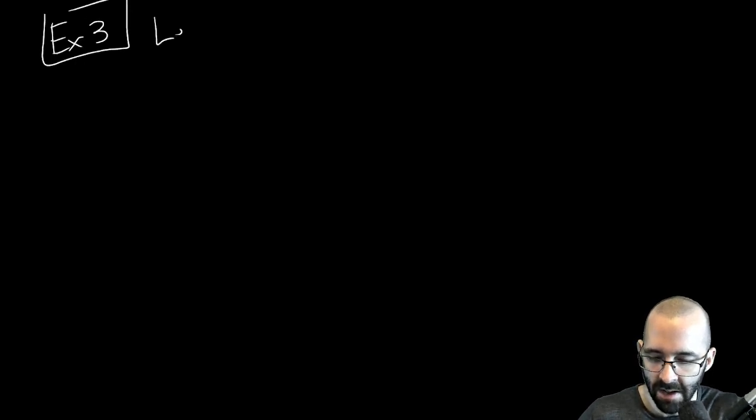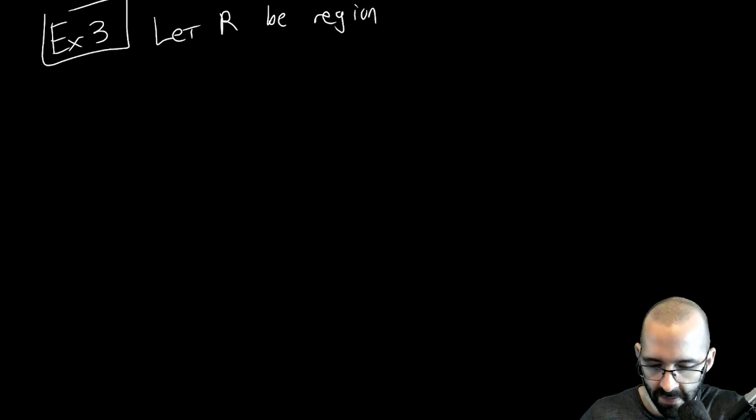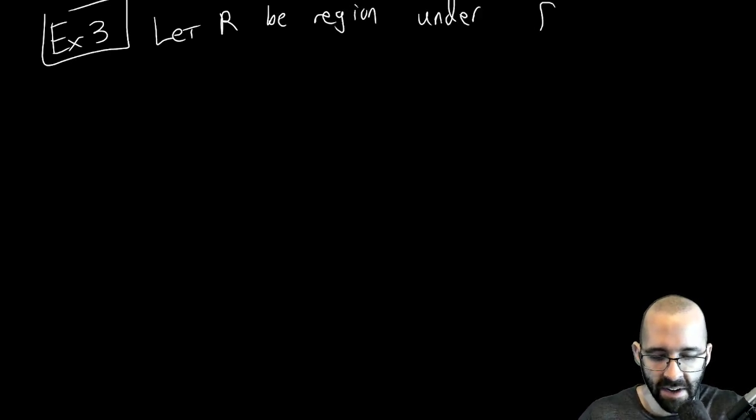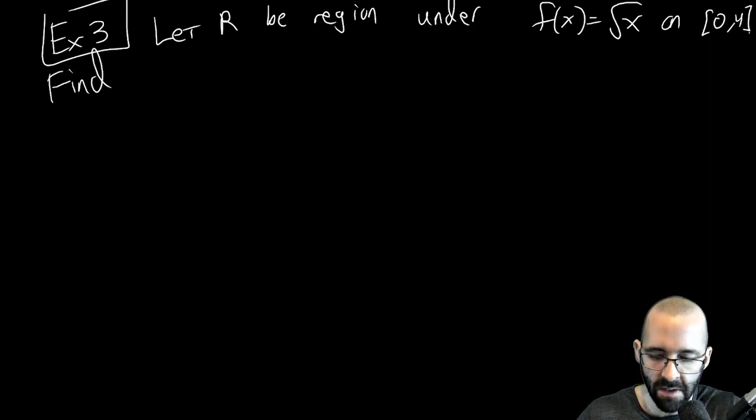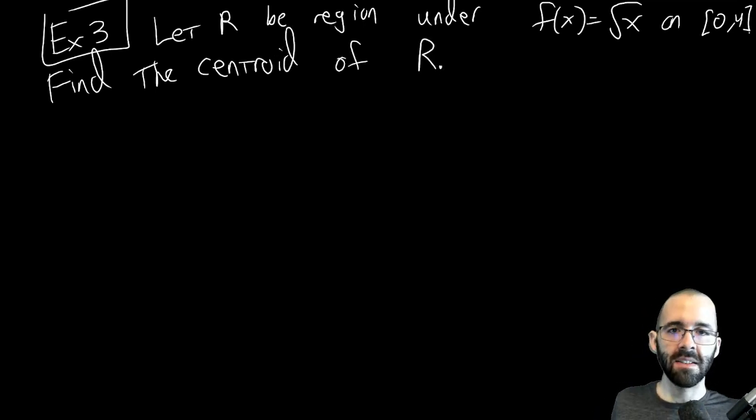Example 3. Let R be the region under f of x equals the square root of x on 0 to 4. Find its centroid. And again, hopefully our answer kind of makes sense.